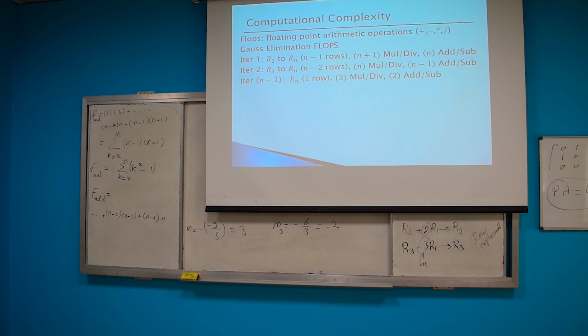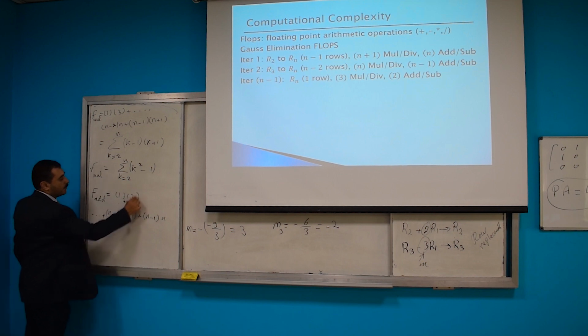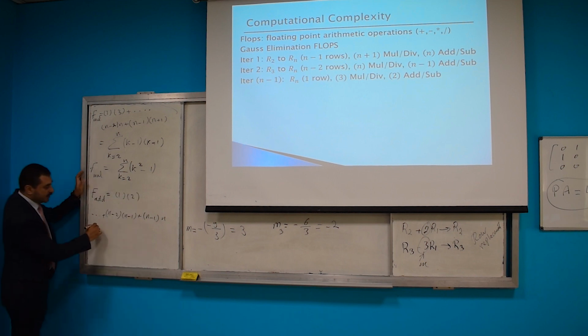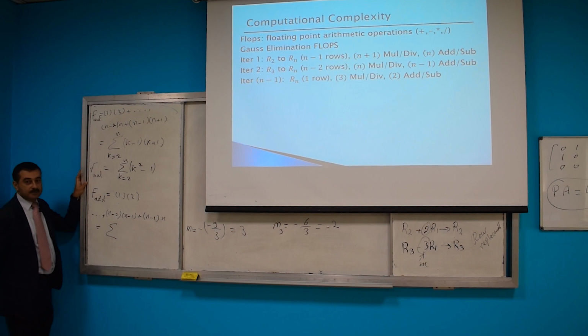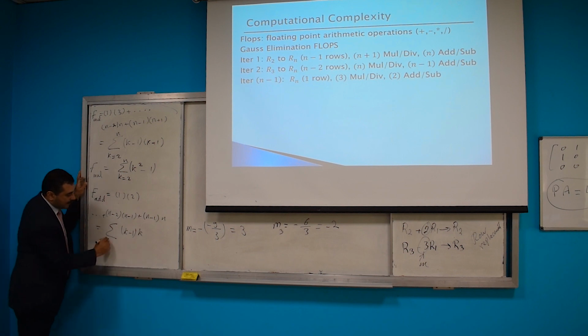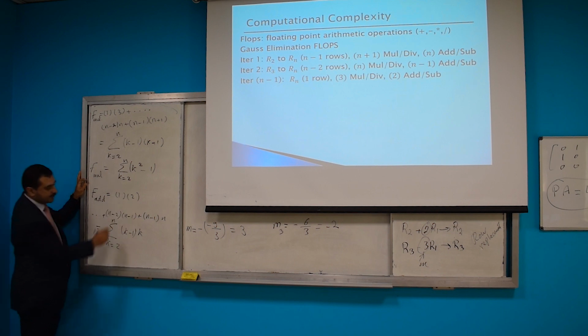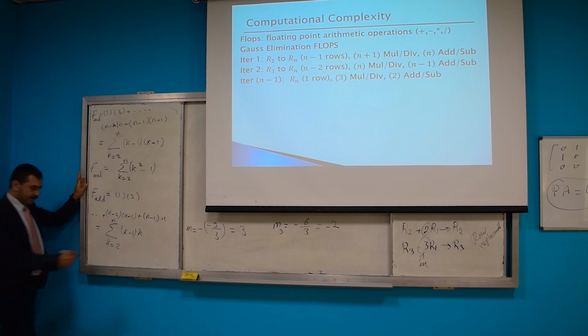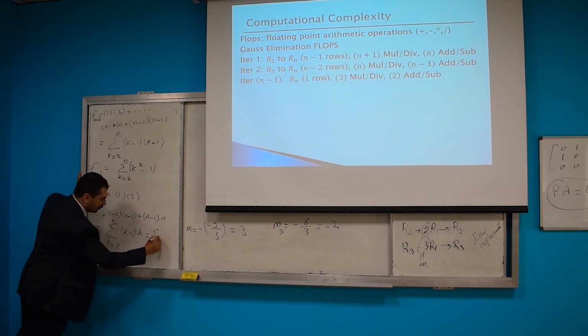And the last term would be 1 row multiplied by 2. 1 by 2. So again, this can be written as summation of the general term, k minus 1 times k, with k starting from 2 up to n. And again, this can be written as summation of k squared minus k.